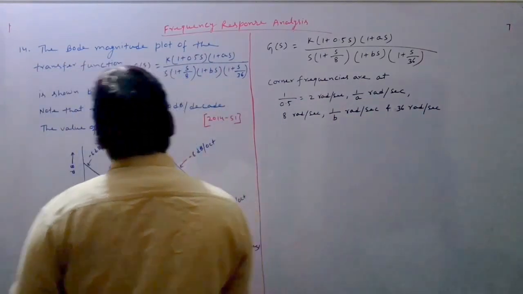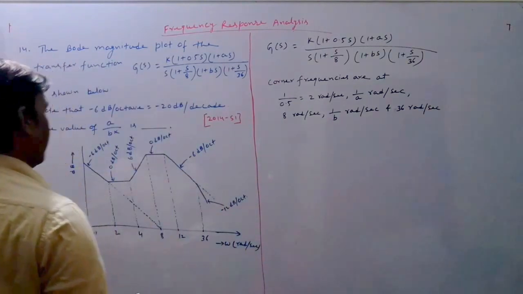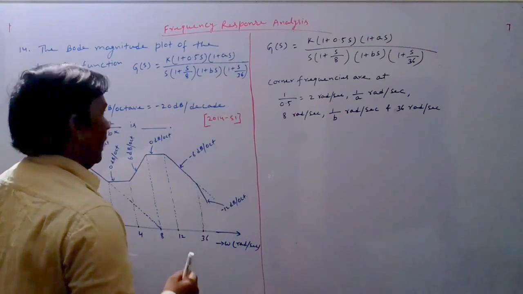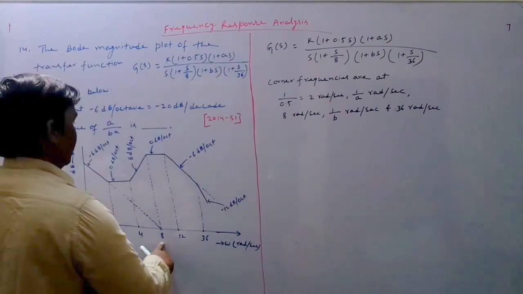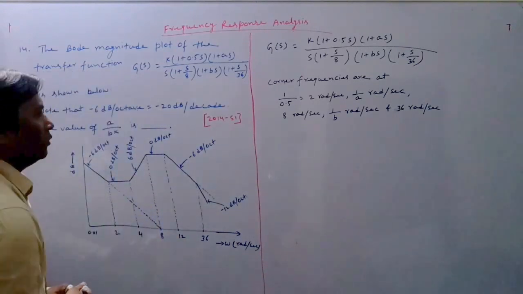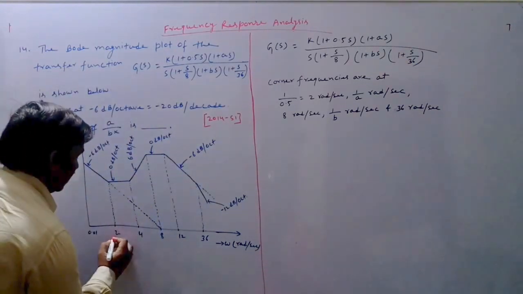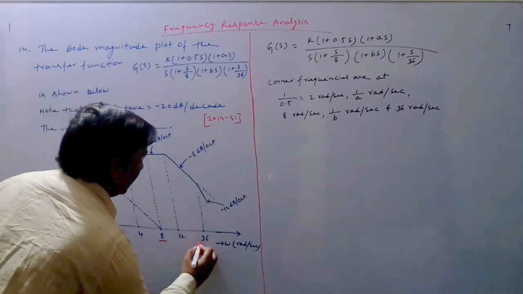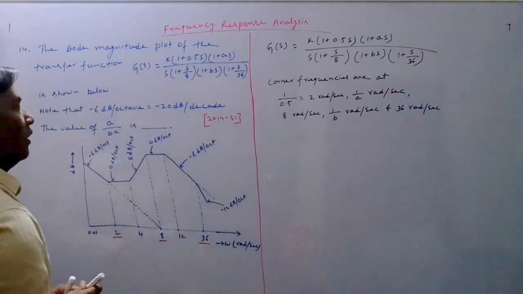Let us try to locate them in the figure. So 2 radian per second is here, 8 radian per second is here, and 36 radian per second is given.